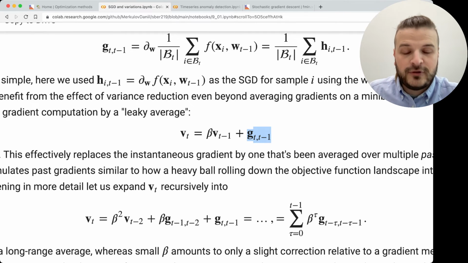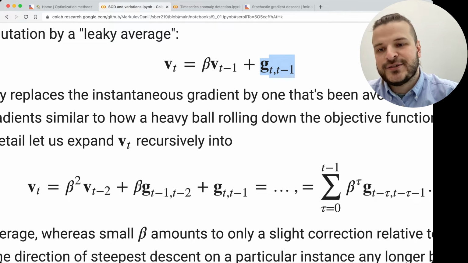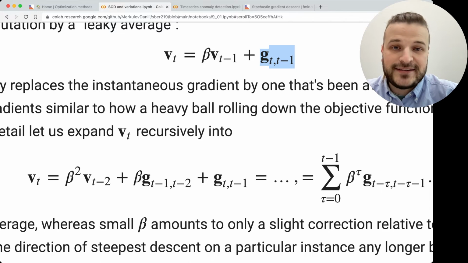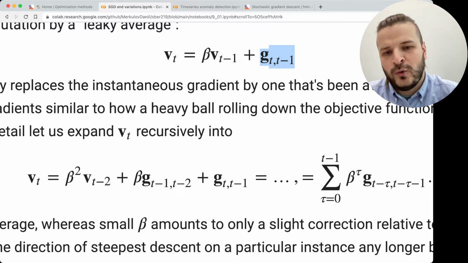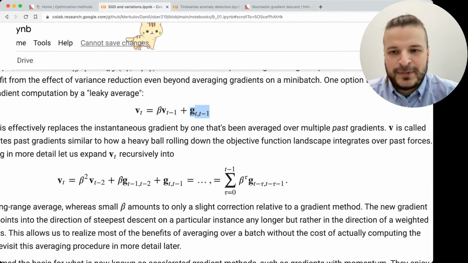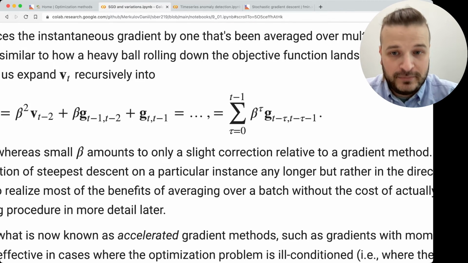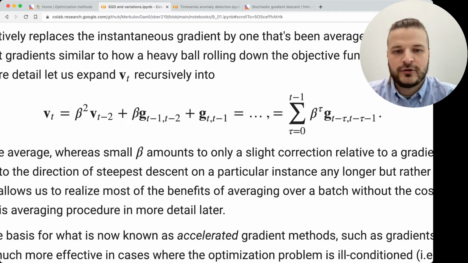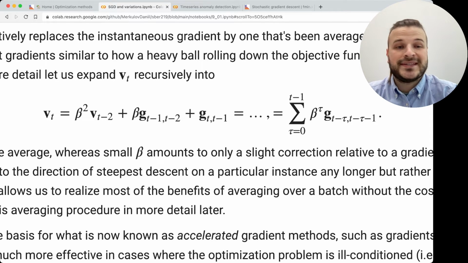And in fact, if you explicitly write it from the last term to the very first term, you'll receive nothing else but this weighted sum of all previous directions. That's called an exponential weighted moving average, because if beta is smaller than 1, which is the correct choice here, then beta squared is less than beta, and beta cubed is less than beta squared.